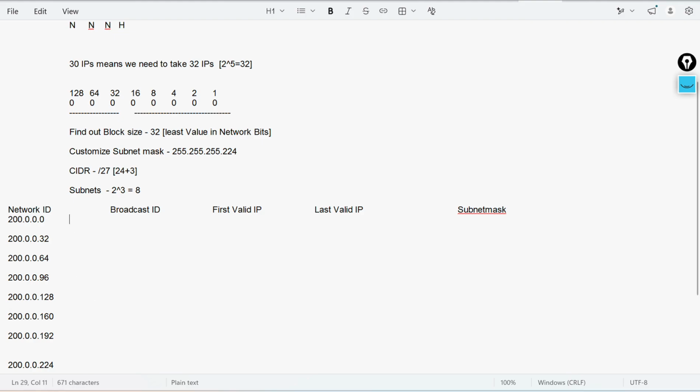The first subnet range. Sorry, what is the broadcast IP? 200.0.0.31.